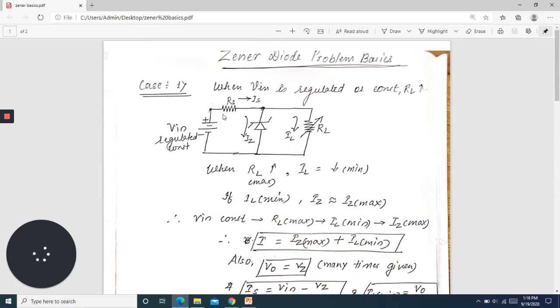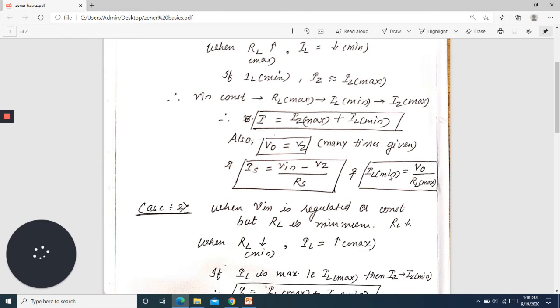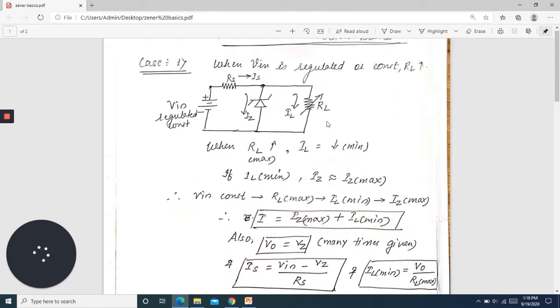Now can you guess the formula for the total current IS? It will be equal to Vin minus Vz, because this RS is connected between 2 points, Vin and Vz. So Vin minus Vz by RS, this will be the value of IS. And what will be the value of IL then?